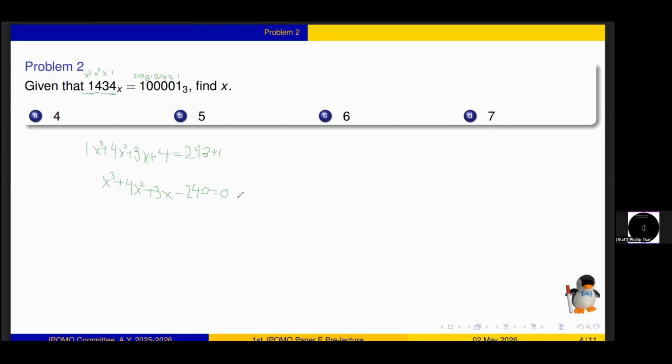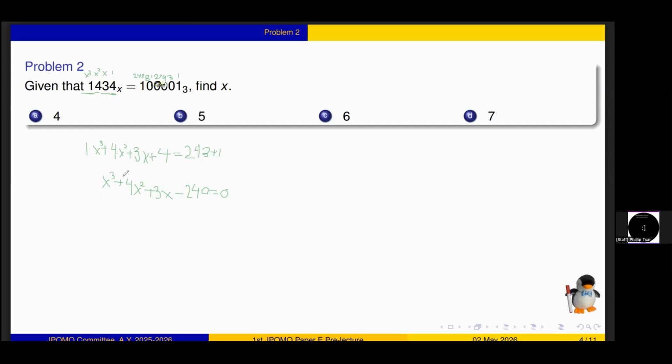Now, actually it is preferable to do this by trial and error because x is a positive integer. But you can also bound this expression.